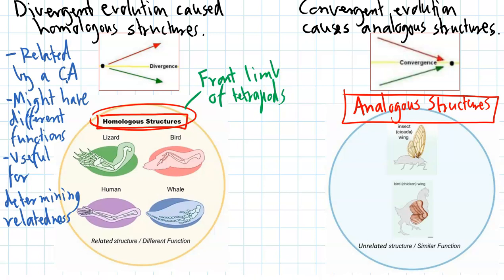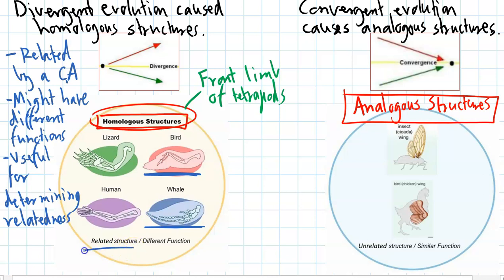So in lizards, here's what their front limb looks like. They use it for walking. Humans, our front limb, obviously, it's our arm, so we use it for carrying stuff and using tools. I'm using it to hold a pen right now. Birds, they've evolved their front limb to be a wing. And then whales have evolved their front limb to be their flipper, to help them swim.